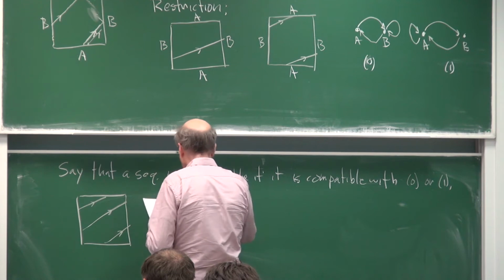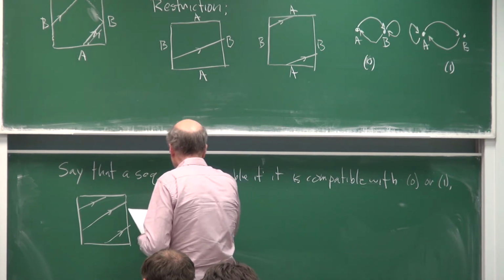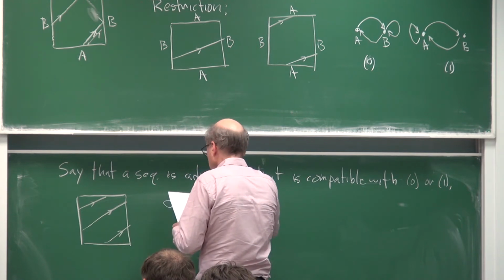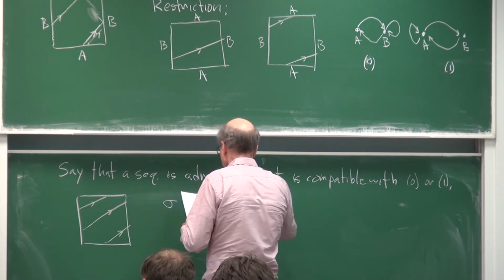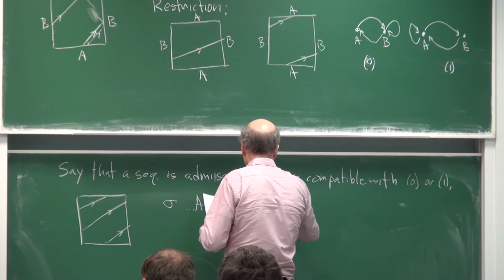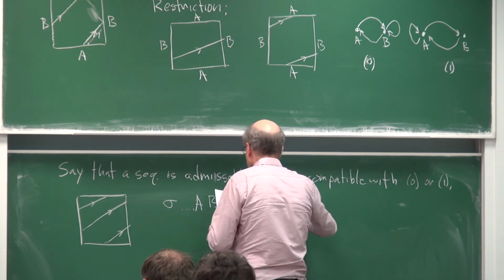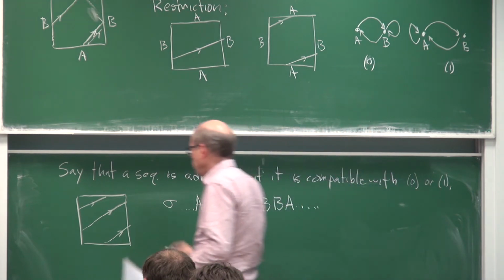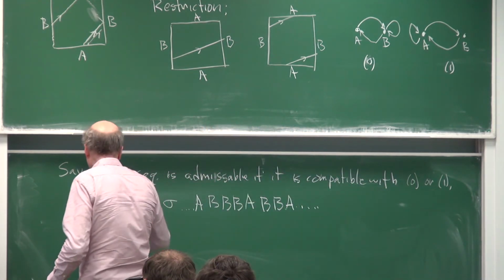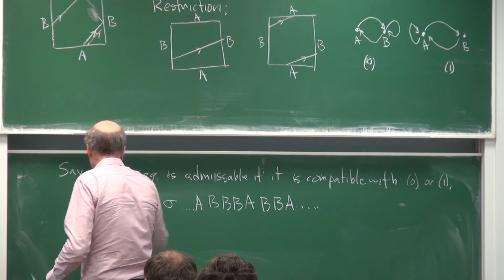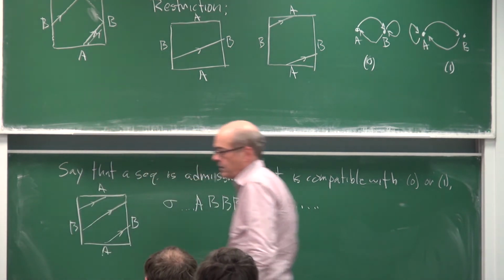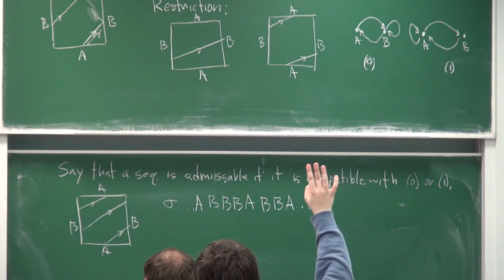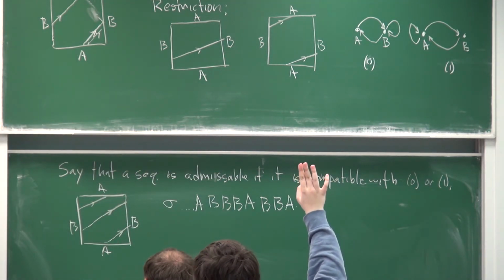And say the original sequence sigma is something, and then A, B, B, B, A, B, B, A, and then something else. So labeling here A, B, B. Let me add an edge to the table and get a kind of refined, yeah, question?